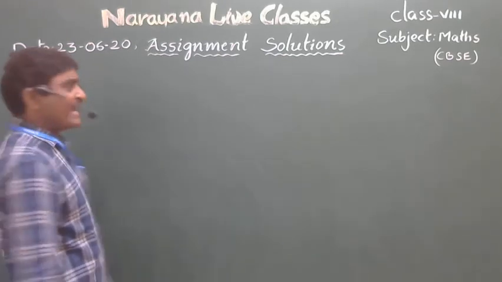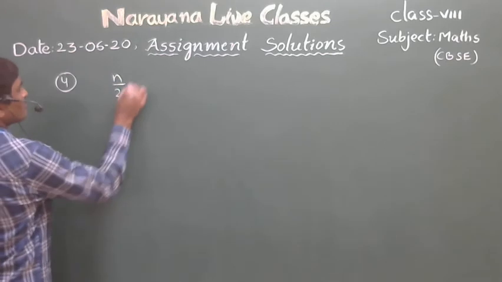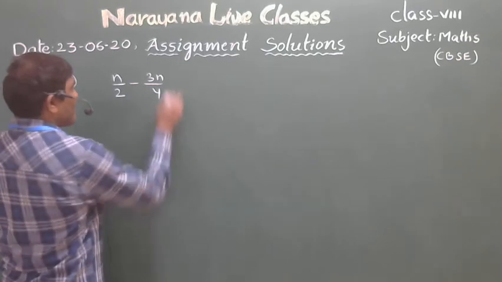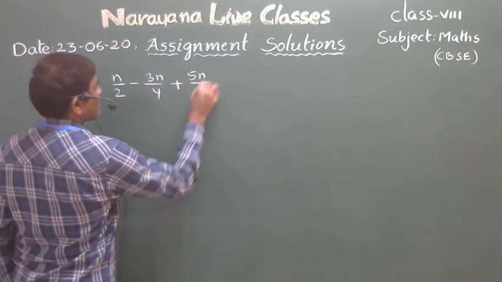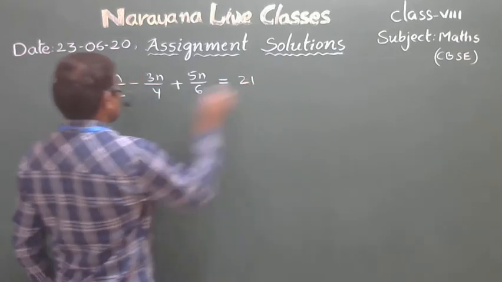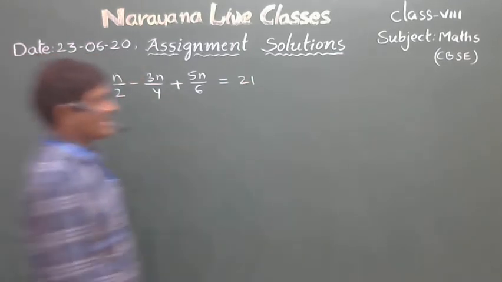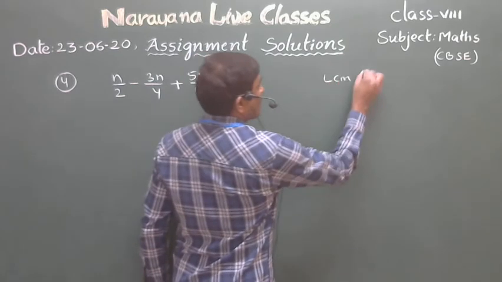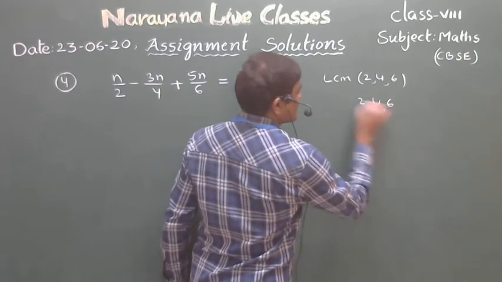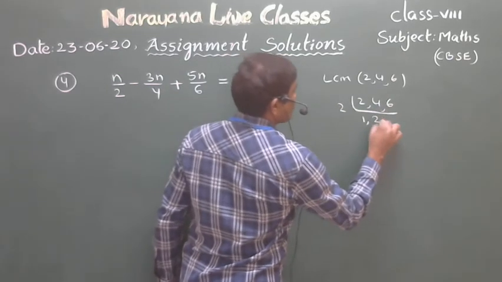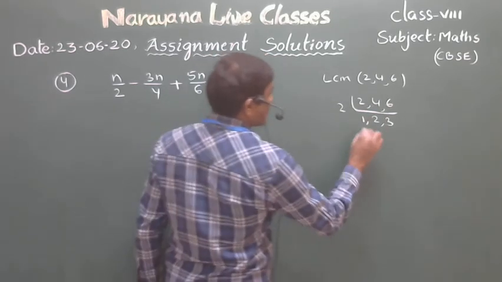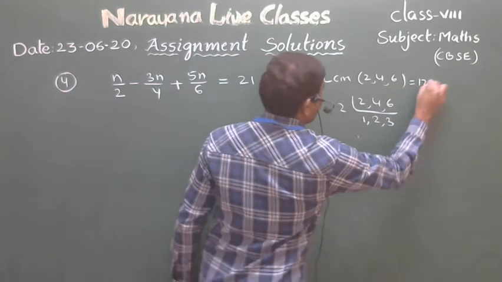Solve n by 2 minus 3n by 4 plus 5n by 6 equal to 21. So let us find the denominators: 2, 4, 6. LCM of 2, 4, 6. 2 ones are 2, 2 twos are 2, 3, 2 and 3 are co-primes, 2 twos are 4, 4 threes are 12. So LCM is equal to 12, I got.